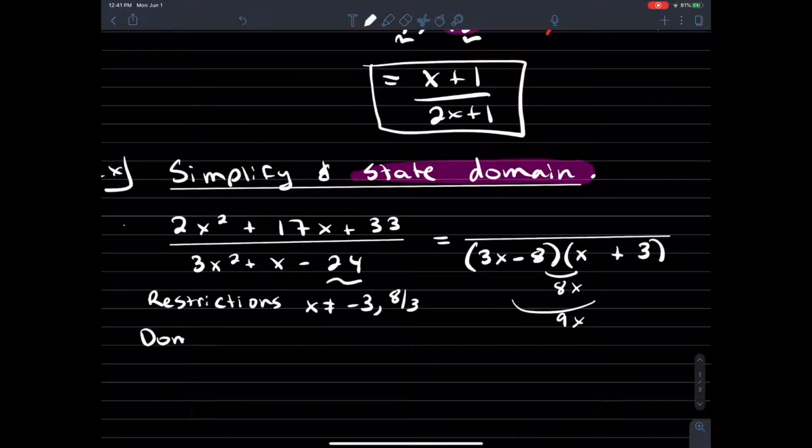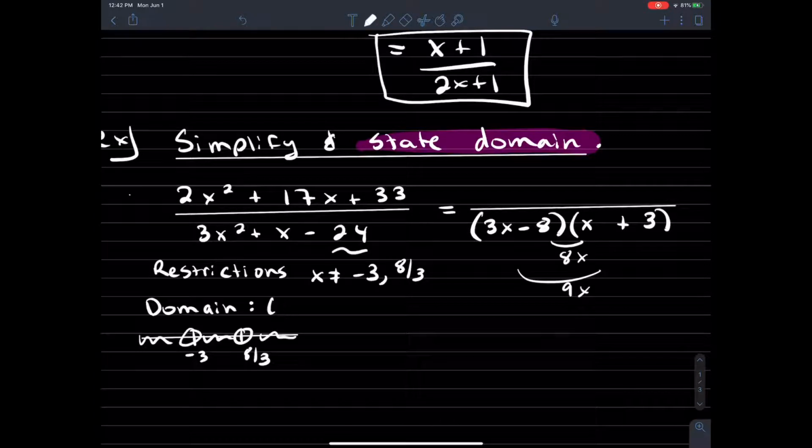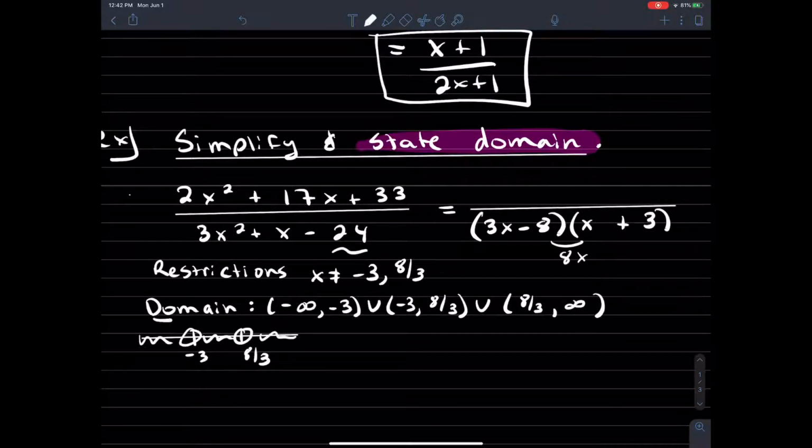So my domain, again, if it's easier, graph it really quick. This is -3, 8/3. It's everything but those. So my domain is minus infinity to -3 union -3 to 8/3 union, last one, 8/3 to infinity. So there's my domain.